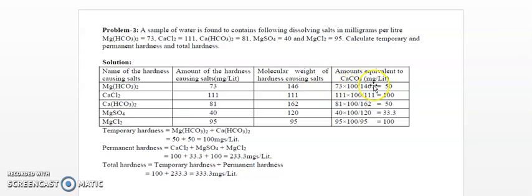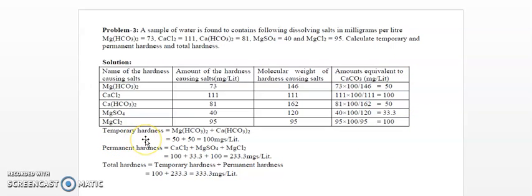So we calculate the calcium carbonate equivalent, and for magnesium bicarbonate it comes to 50. Likewise, we have to calculate calcium carbonate equivalents for all the hardness causing substances.